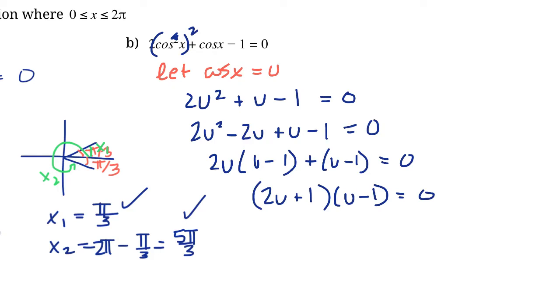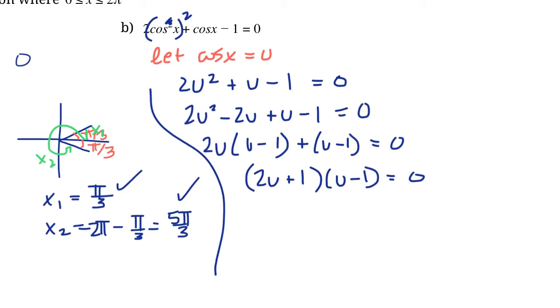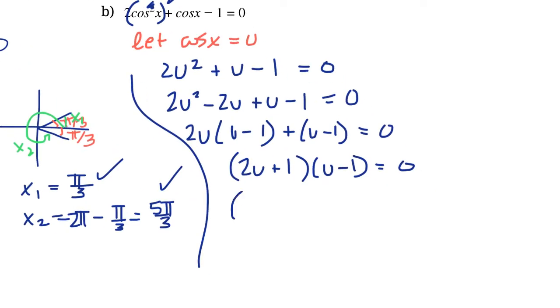It's fully factored. So now we can plug cos x back in. Instead of 2u, it's 2 cos x plus 1, and then cos x minus 1 equals 0.